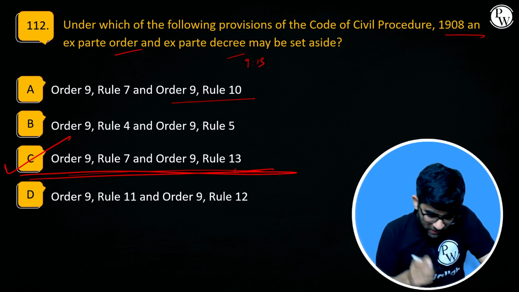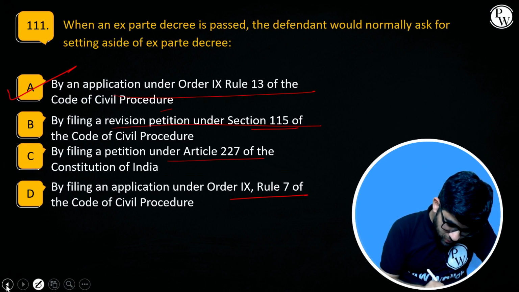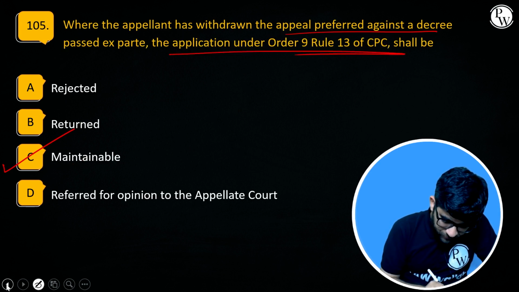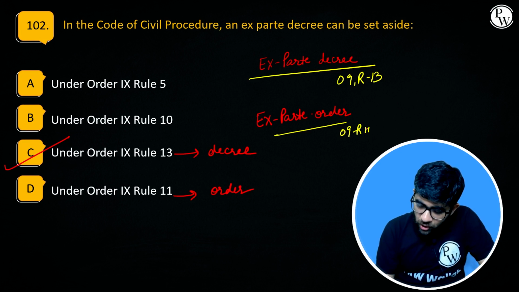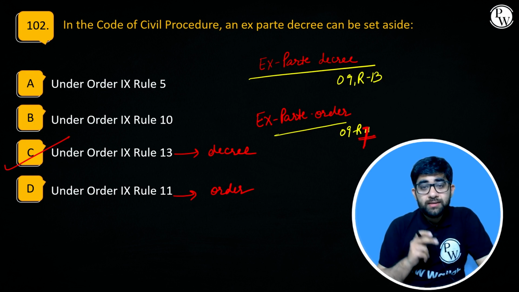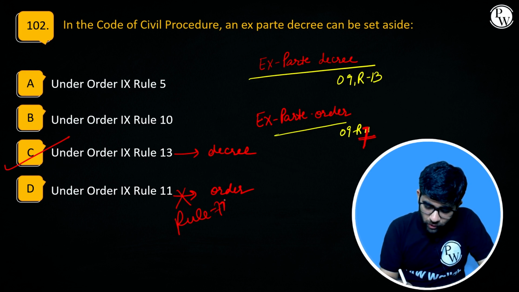So let's go back, and I think it's a wrong thing, but I'll correct it here. It's Order 9 Rule 7, right? Order 9 Rule 13 is decree. Order 9 Rule 7 is order, right?